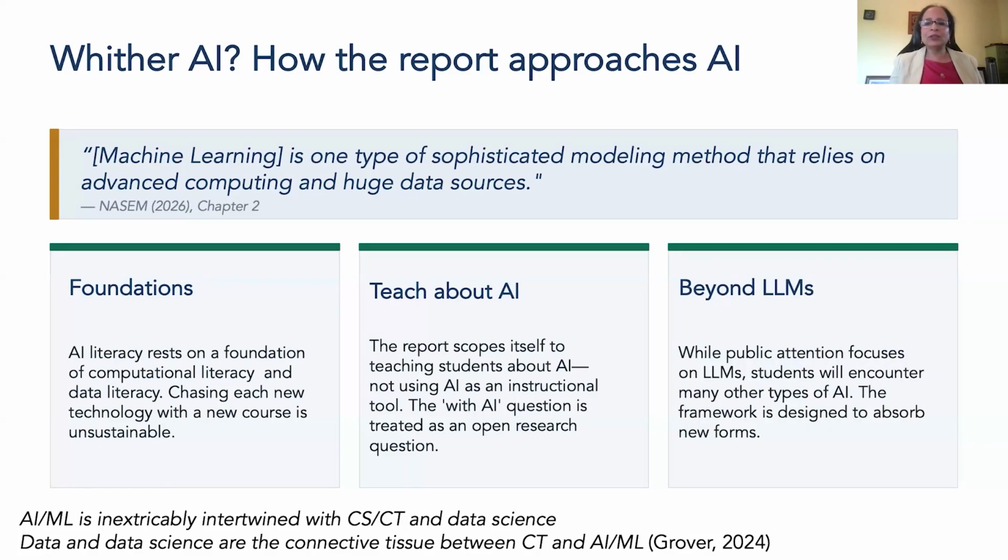And also, it explicitly cautions against thinking about AI only as Gen AI and about LLMs. Students will encounter many other different kinds of AI, especially in the future, and the framework needs to be able to absorb new forms rather than be built around this current instance of AI.